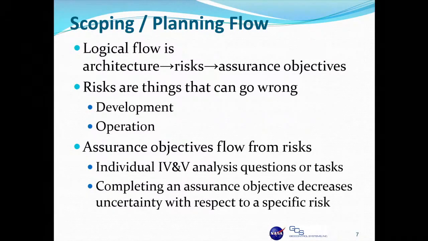In assurance objectives, as I said, they flow from the risks, and those are the set of things that the IV&V analysts are going to do to add assurance that the risks are controlled. So when we do those activities, we don't eliminate the risks, but we eliminate uncertainty with respect to the risks.